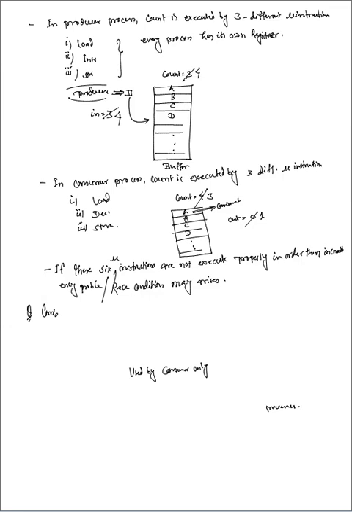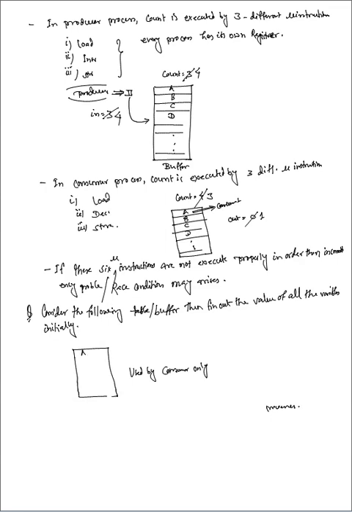Okay, so consider the following table slash buffer, then find out the value of all the variables initially. Okay, so these are the givens.